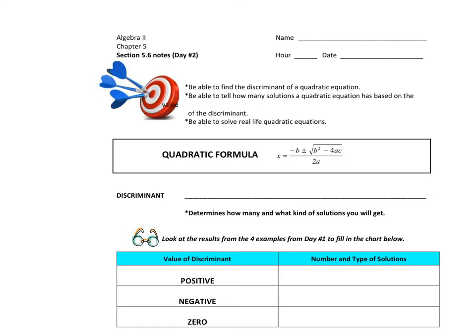Recall that the quadratic formula is negative b plus or minus the square root of b squared minus 4ac all over 2a. Part of this formula is what's called the discriminant. The discriminant is b squared minus 4ac. This is inside the radical.